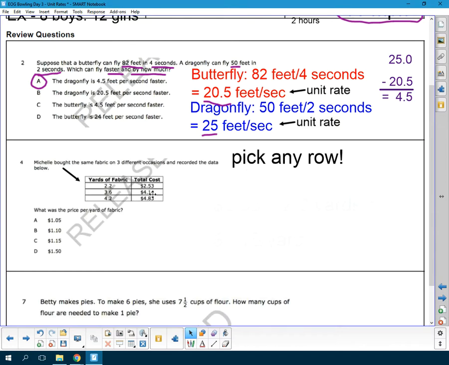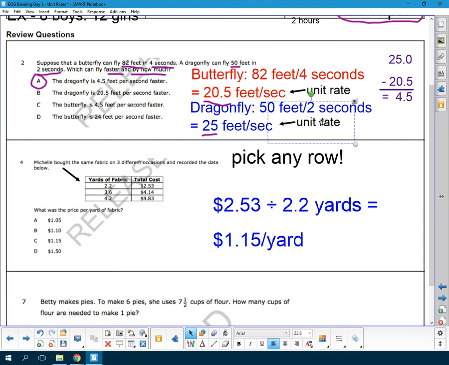If you take 2.2 yards of fabric for $2.53, I'm going to write that down: $2.53 divided by 2.2 yards. Her unit rate is $1.15 per yard. That's one of the answer choices, so I'm going to pick answer choice C for her.